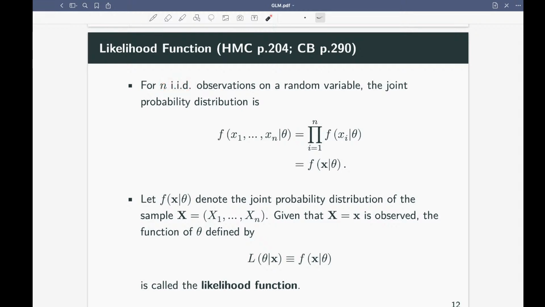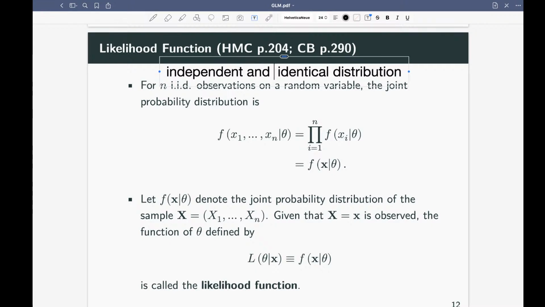Okay, I type it here: independent identical distribution. So it's IID, and we have the joint probability distribution.